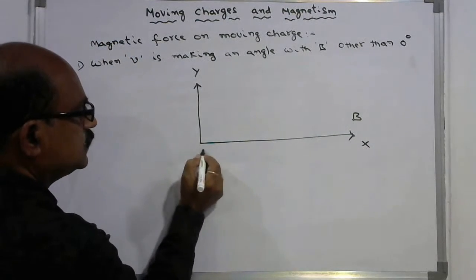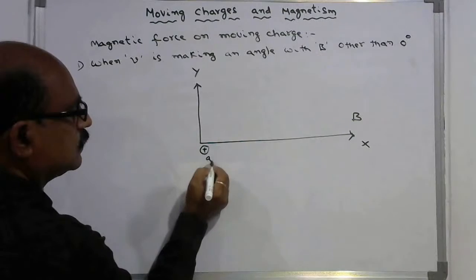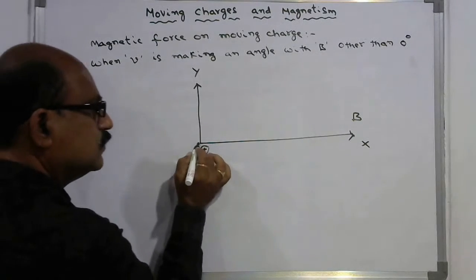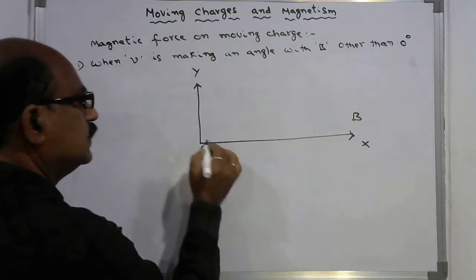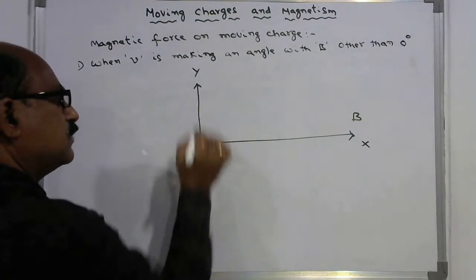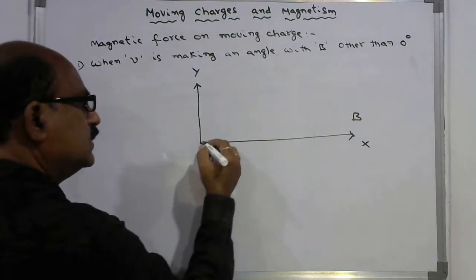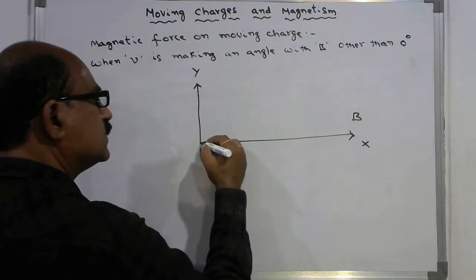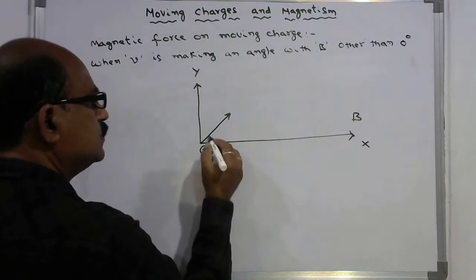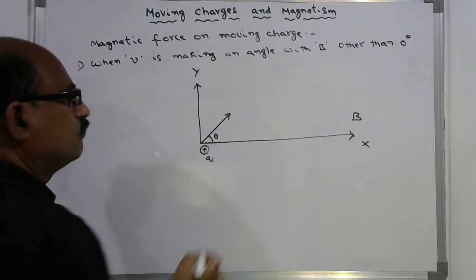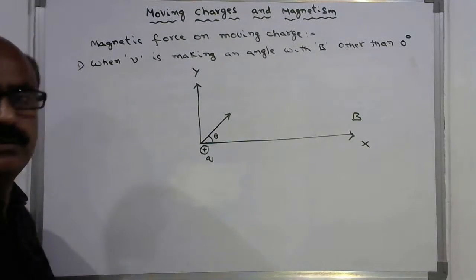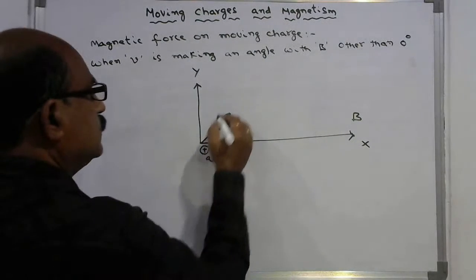Now the charge is not moving along B or perpendicular to B, but it is moving in a certain direction which makes an angle theta with certain velocity v.